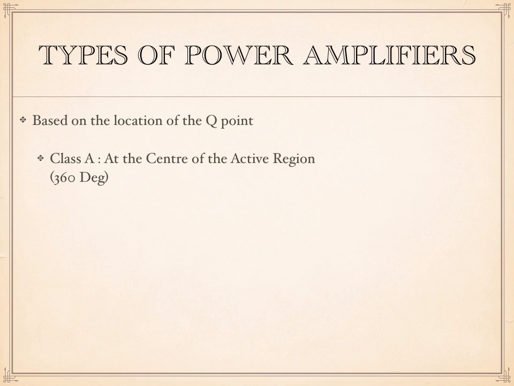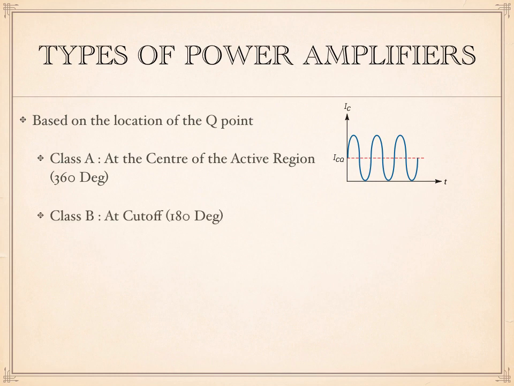In this type, the Q point is located at the center of the active region, and this is done to make sure that the transistor remains in the active region for the complete input cycle. Thus the amplifier gives output for all values of the input signal, and we can say that the conduction angle of the transistor is 360 degrees. As shown in the figure, the collector current is obtained for the complete 360 degree cycle.